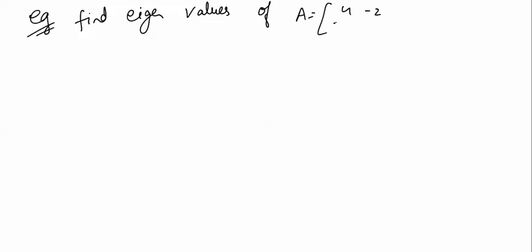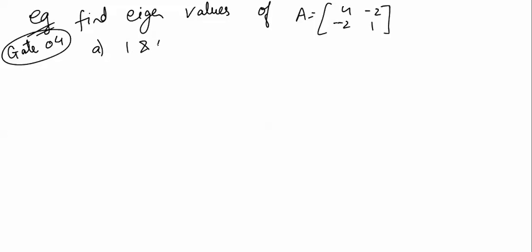Let us say you find the eigenvalues of the matrix A given as 4, minus 2, minus 2, 1. This was basically a question from the GATE 2004 paper, and I'll give you the options.